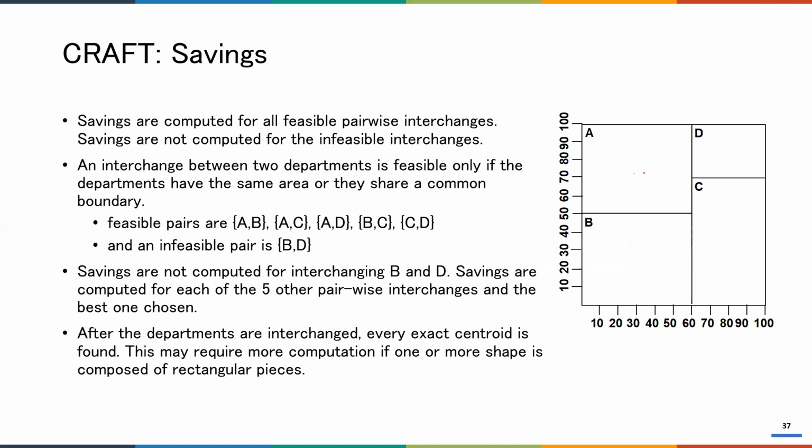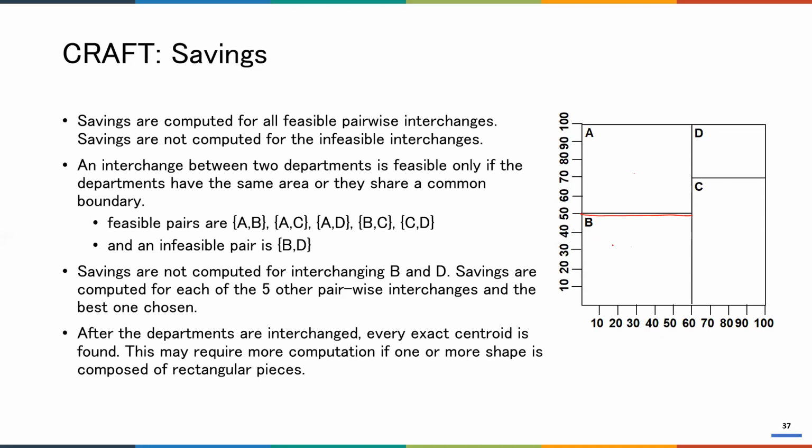There are some departments that are adjacent to each other or can be interchanged. In CRAFT, rather than using adjacency status, they call it pairwise interchange. It means they can be exchanged with each other. The feasible pairs should be adjacent.